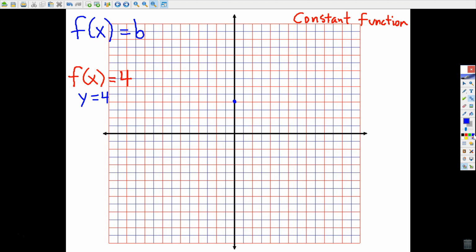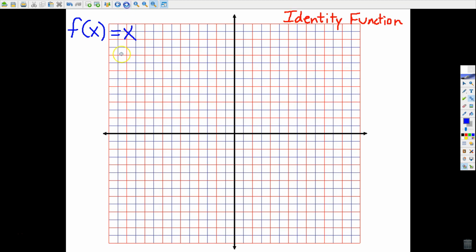We are just going to draw a horizontal line where it only crosses the y-axis at one point, and in this case that's the point (0, 4). Okay, and so that is one example of the constant function, where it's a horizontal line crossing a particular number on the y-axis.